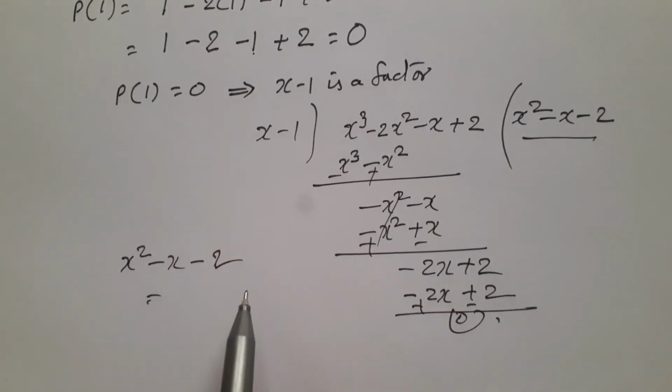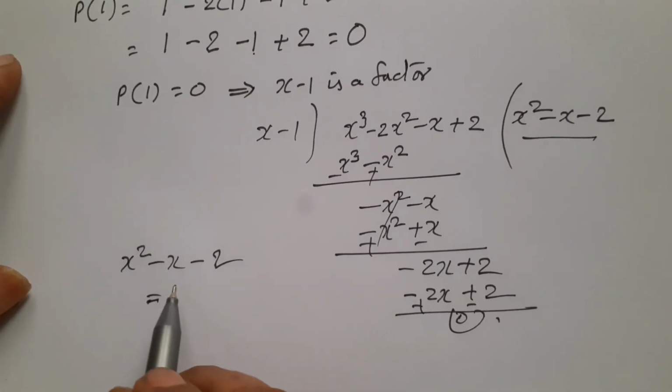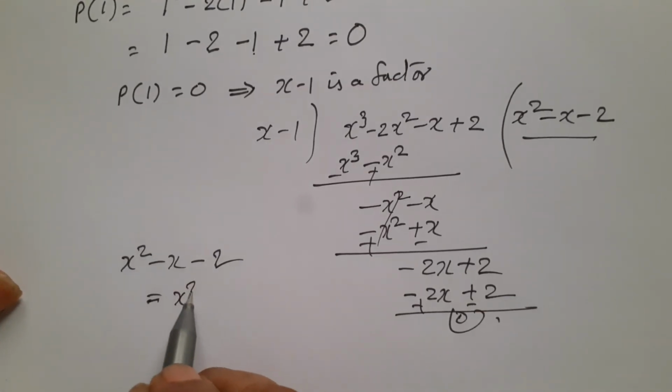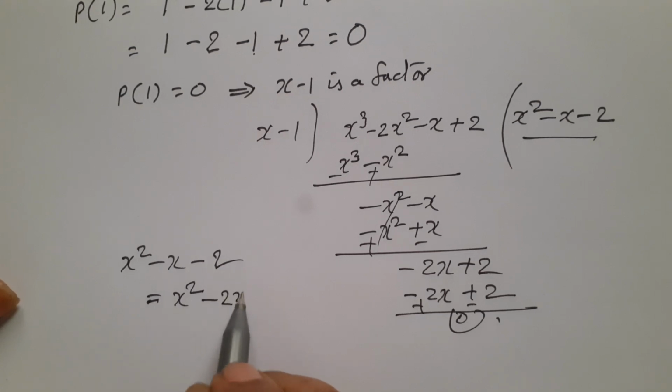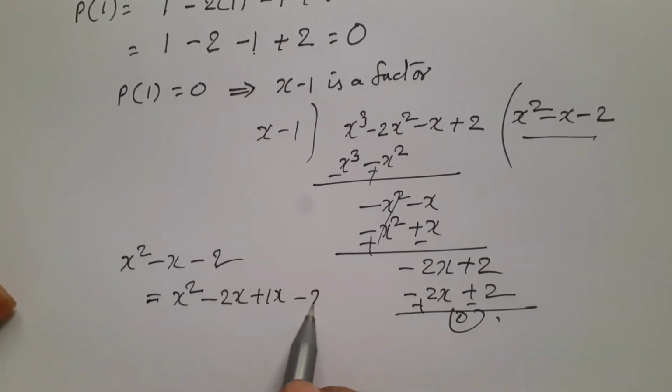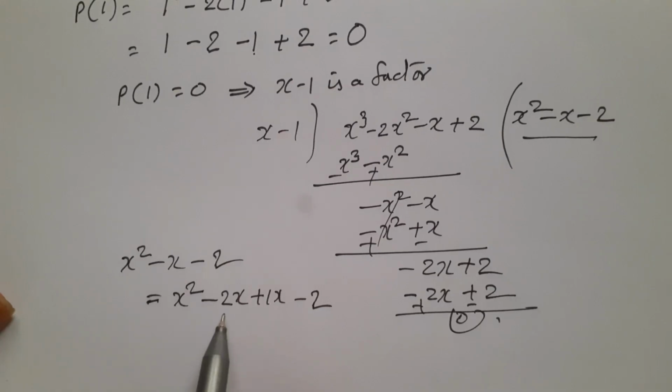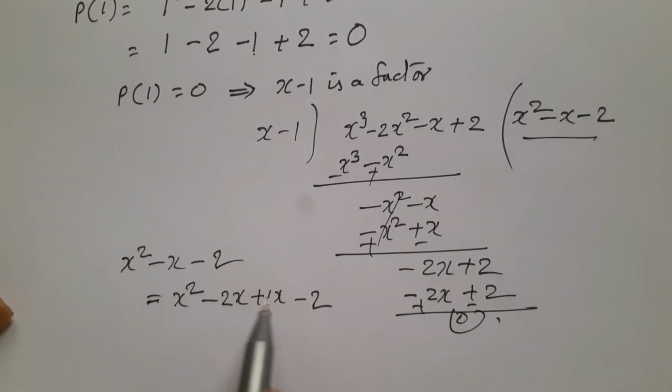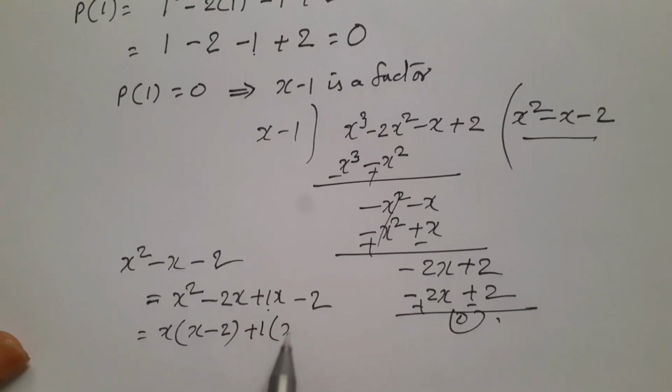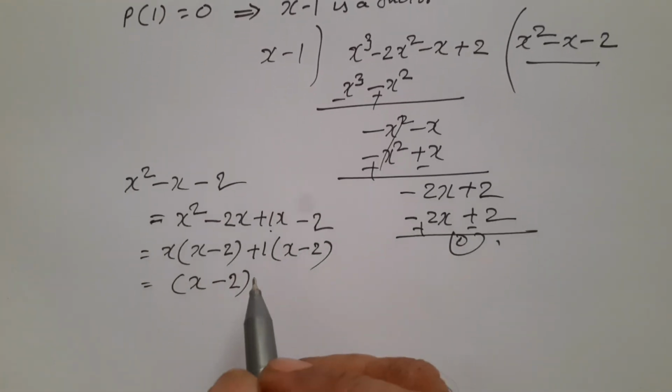First you can factorize it by splitting the middle term. We can write x square minus 2x plus 1x minus 2. Now if you take x as common, x(x minus 2), plus 1 if you take common, 1(x minus 2). Then we get x minus 2 into x plus 1.